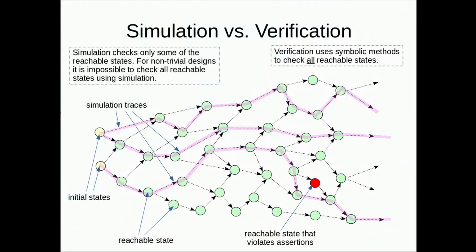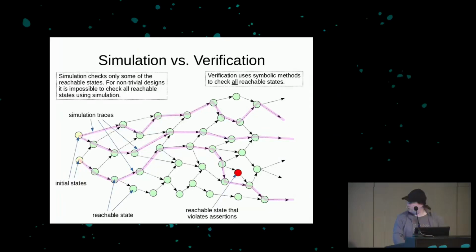Okay, so when we're talking about formal verification, what are we actually talking about? In almost all presentations about this kind of stuff, you will find a slide that looks more like this one, where we have a couple of states your circuit can be in, and a couple of simulation traces.